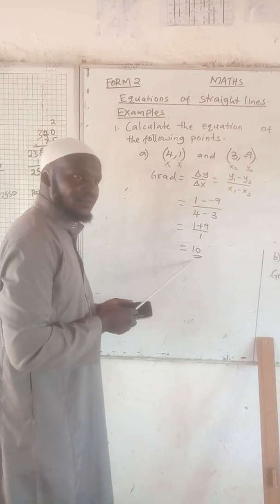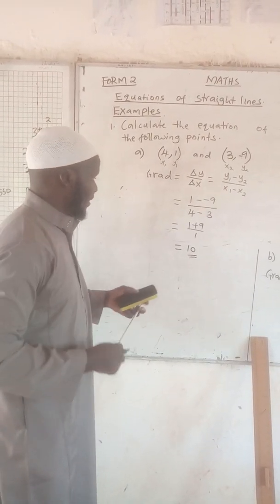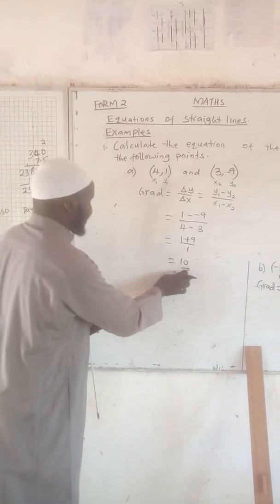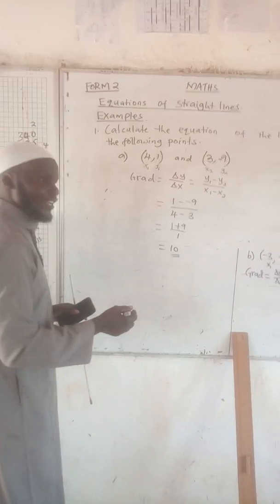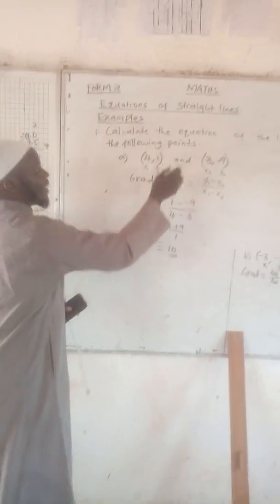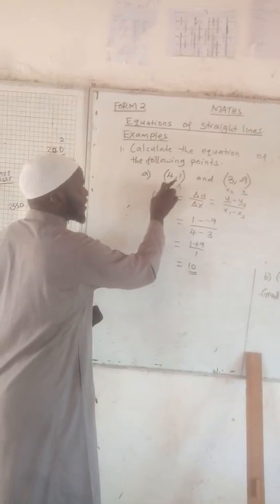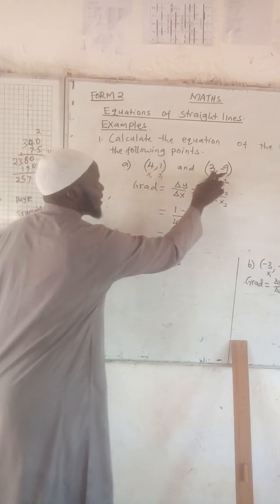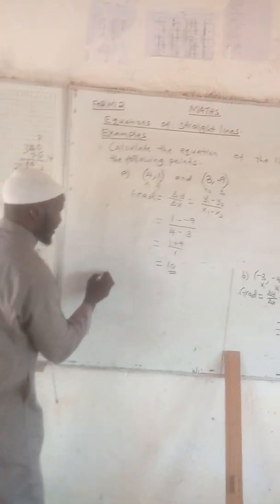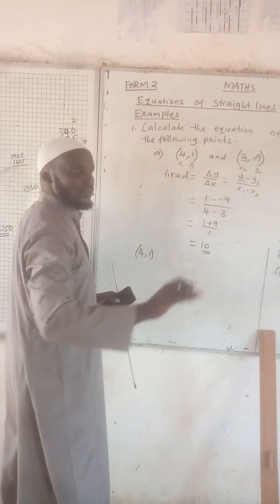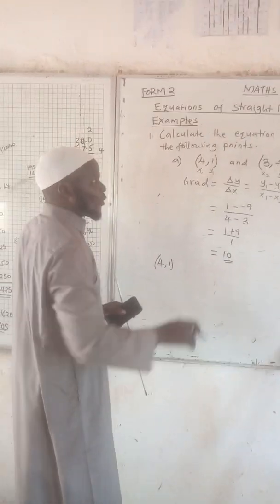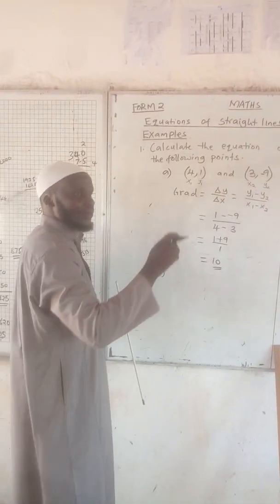You have the gradient as 10. If we have the gradient as 10, we will come and calculate the equation of the line. So we can choose 1 point from the 2 points. We can use either one, then we leave alone the other one, whichever.